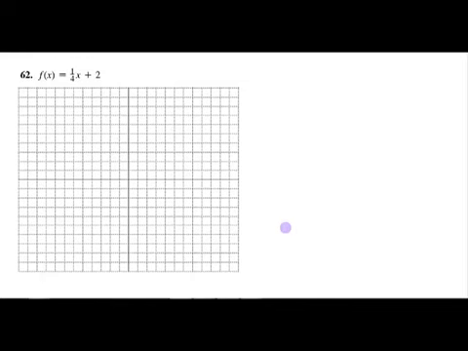Here we can use y equals mx plus b to graph the linear function again. My m is 1/4 and b is 2. So we start at 2 on the y-axis for our b, and we use the slope of up 1, right 4.